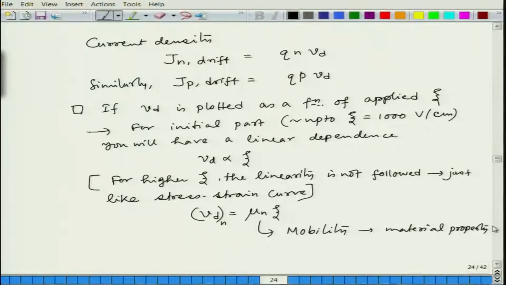It is just like elasticity as you encounter in the stress strain curve.